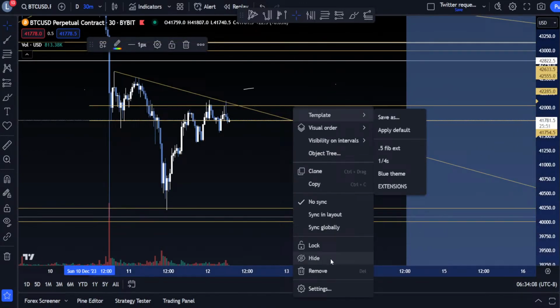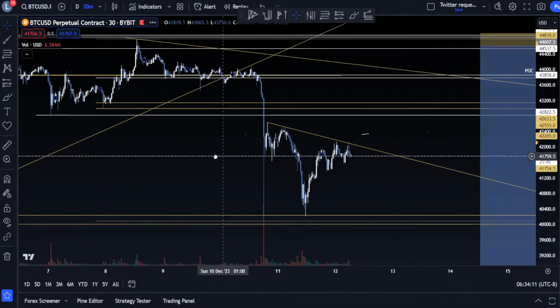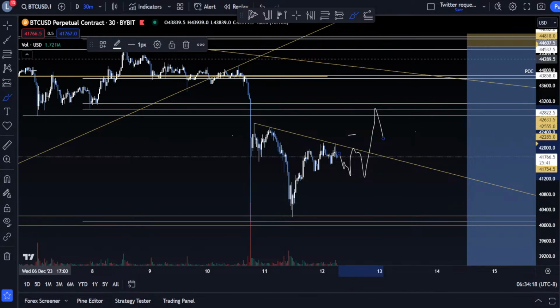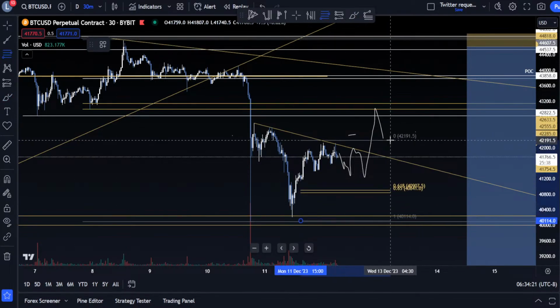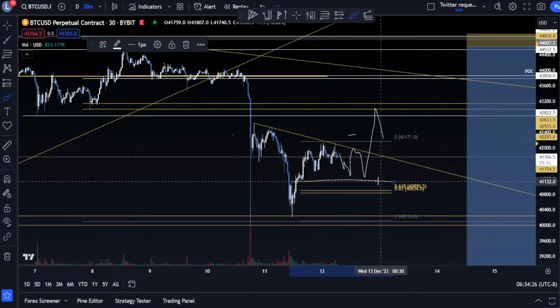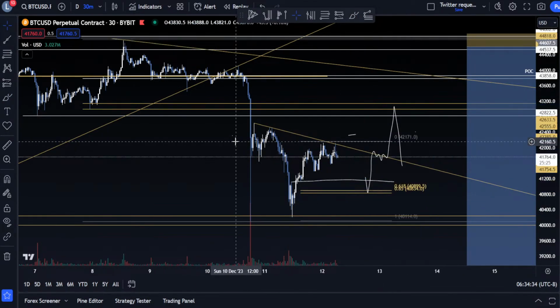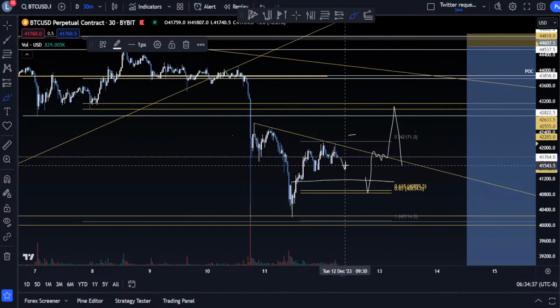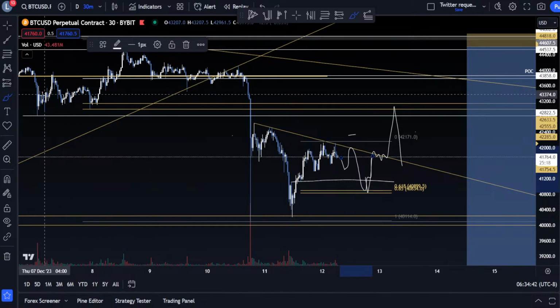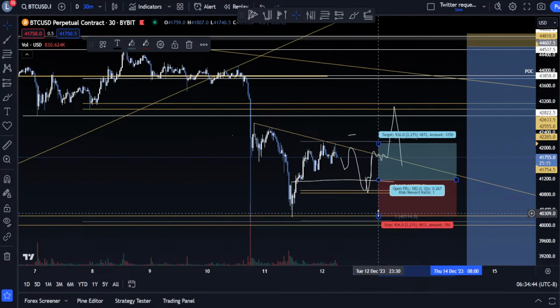Could remove some of these predictive fibs. Maybe something like that would be a nice scalp idea, or day trade.